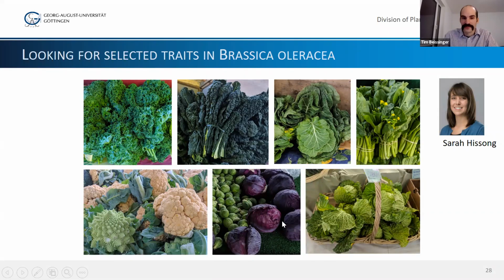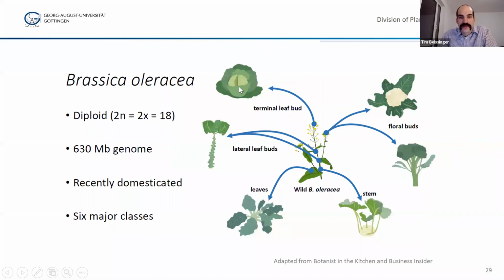It's a good plant. So in this case, the story of Brassica oleracea is that it was many years ago, but not as long ago as a plant like maize, domesticated from a wild plant, and selection on different parts of the brassica plant led to all of these different crops that I just mentioned.